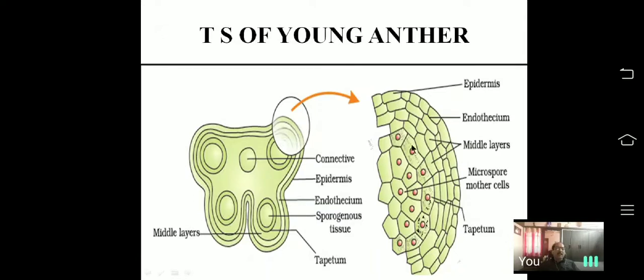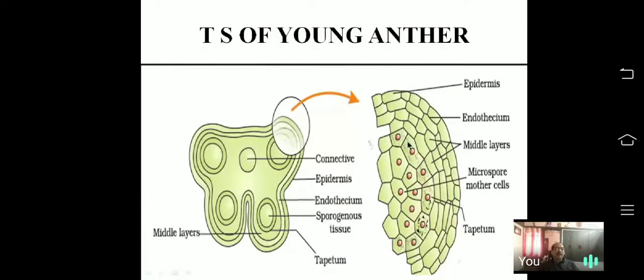This is the fourth layer called the tapetum. It is made up of large sized parenchymatous cells. Each cell contains dense cytoplasm and a prominent nucleus.